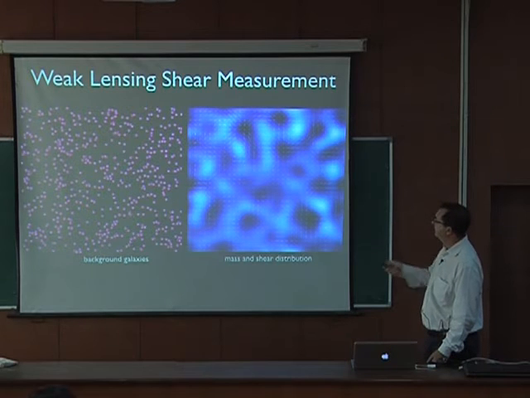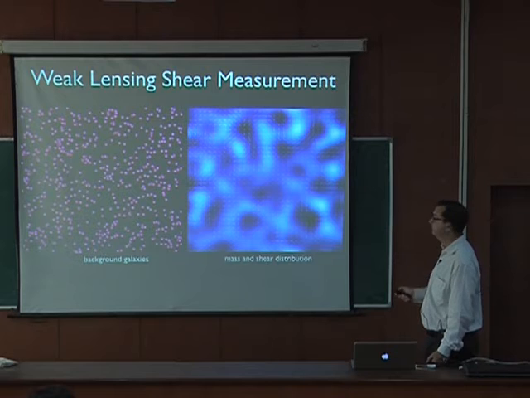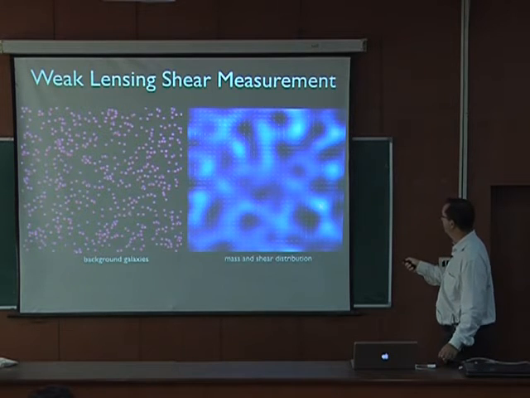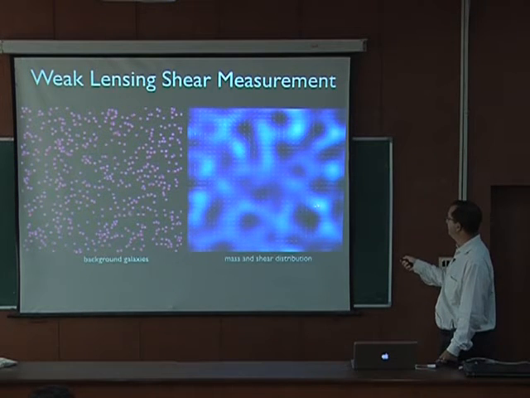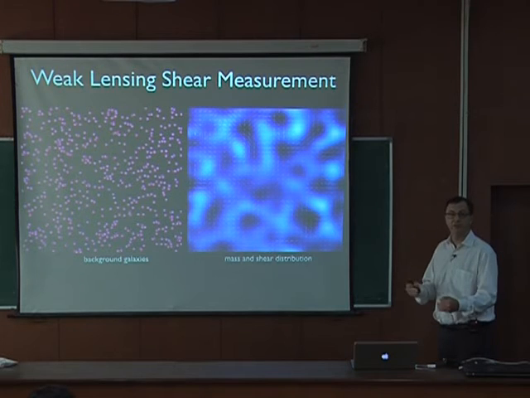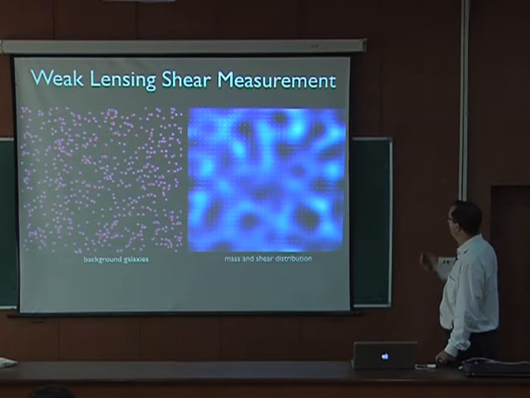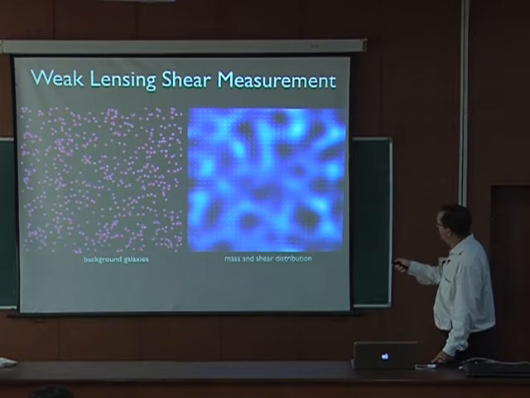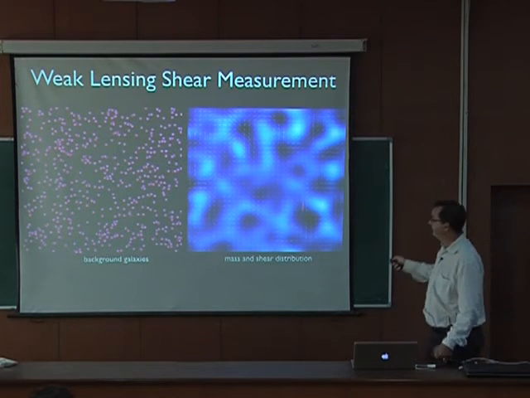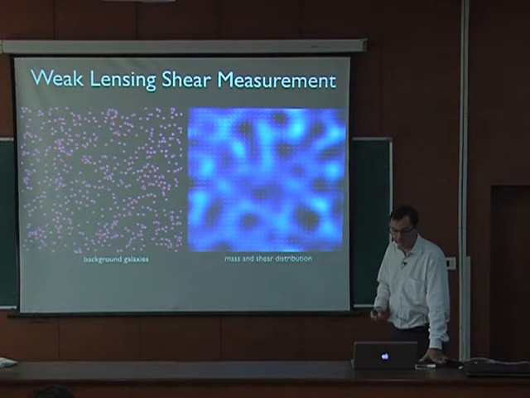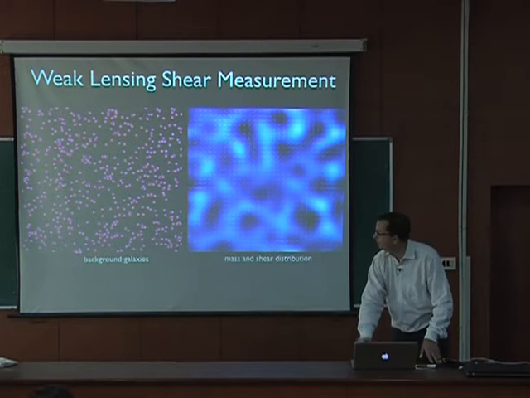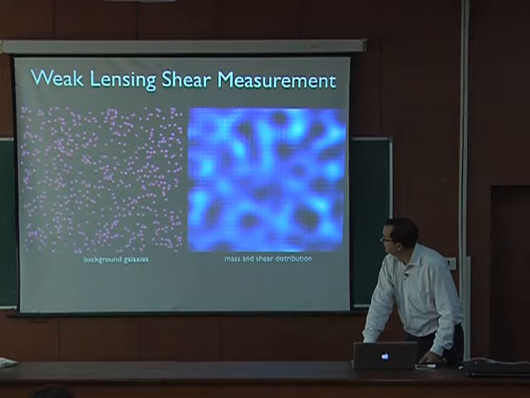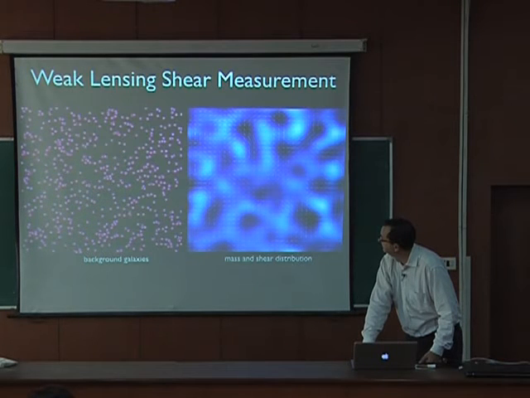But let's suppose that between us and these galaxies, we have some mass distribution shown by this. This would correspond in light blue to overdensities, and in black to underdensities. Then the galaxies would get lensed by these mass density perturbations, and instead of seeing them like this, we would see a distorted version of them.